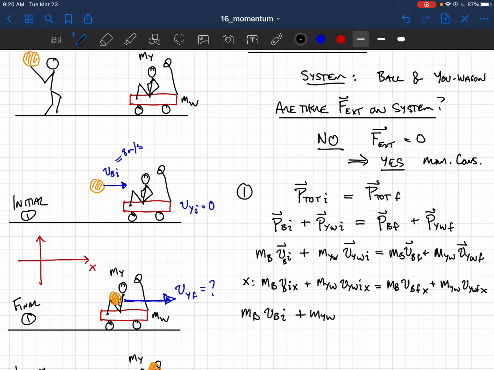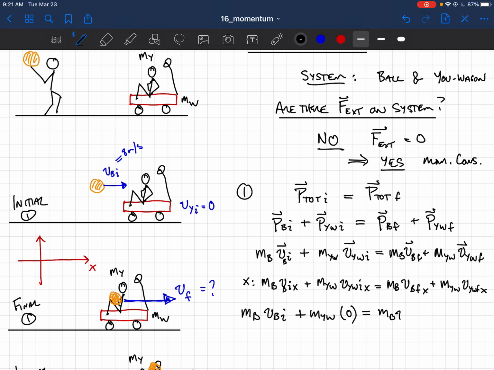It's 0. Both u and the wagon are sitting there at 0. So that one goes to 0. Then m ball v ball final x. Well, I guess that's just the final velocity of u and the ball. So I could actually just call this v final here, because you and the ball and the wagon all have exactly the same final velocity.